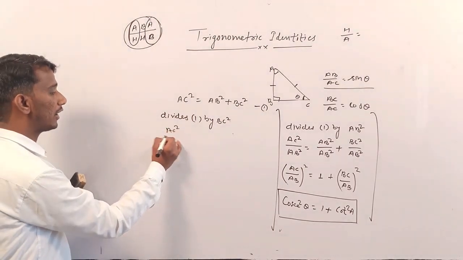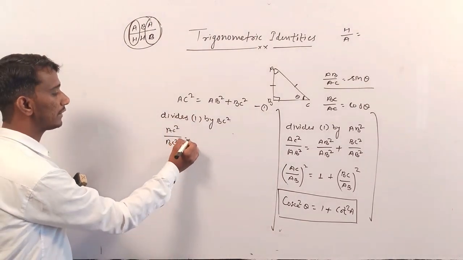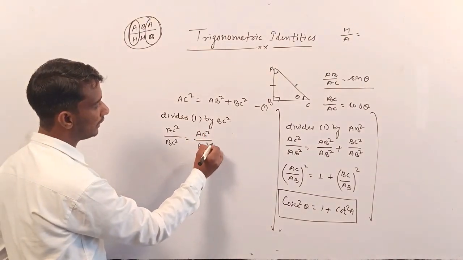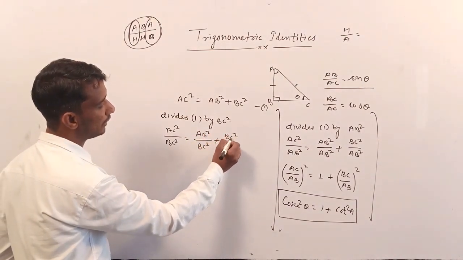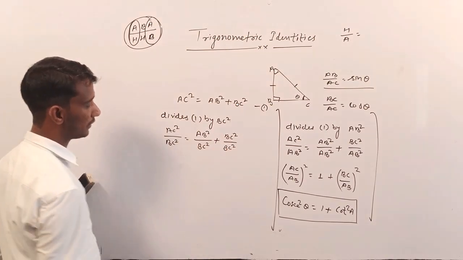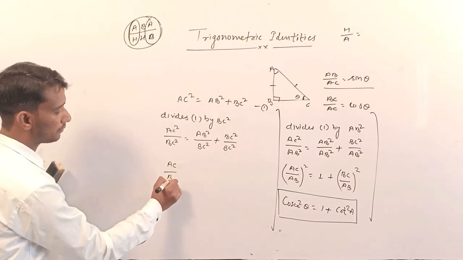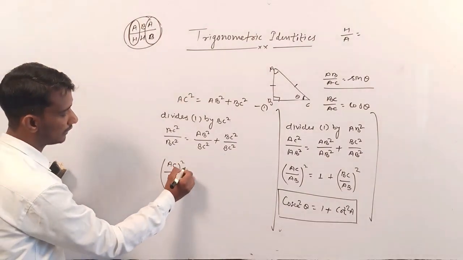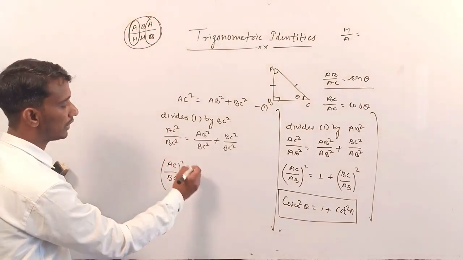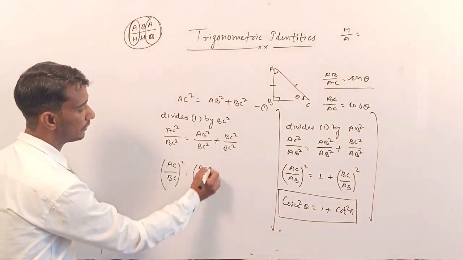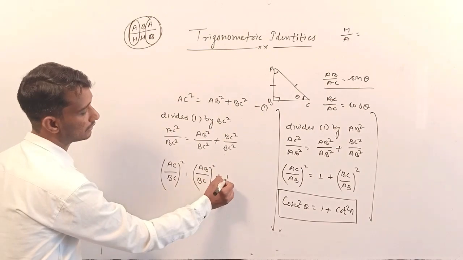AC square upon BC square equals AB square upon BC square plus BC square upon BC square. Now simplify it. We get (AC upon BC) whole square equals (AB upon BC) whole square plus 1.